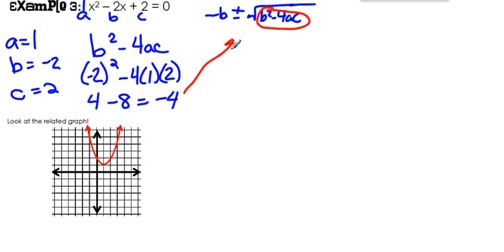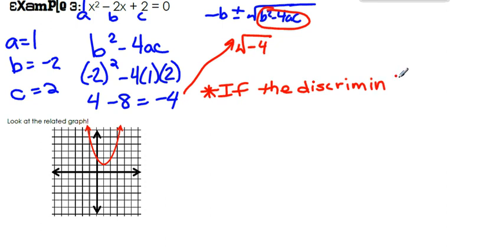That means that in that square root, we're going to have the square root of a negative. And what happens when you take the square root of a negative? You get no solution. So if the discriminant is negative, you have no solution.